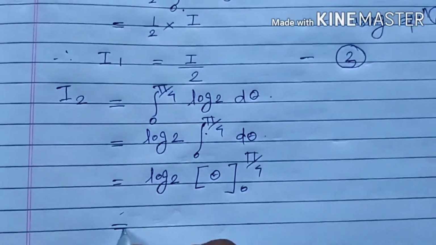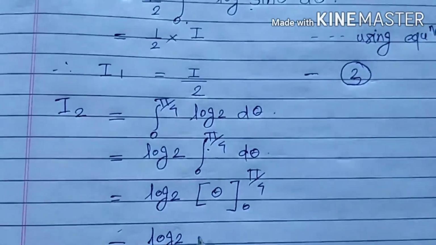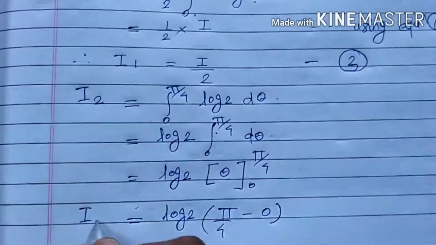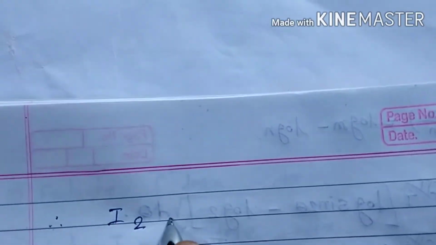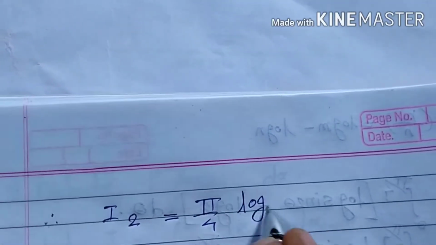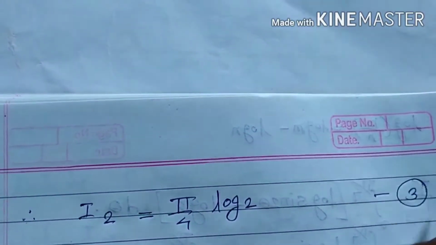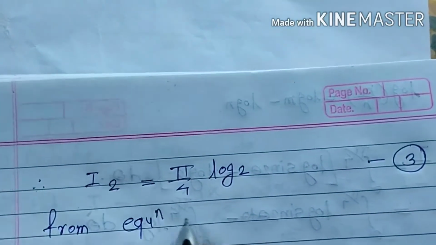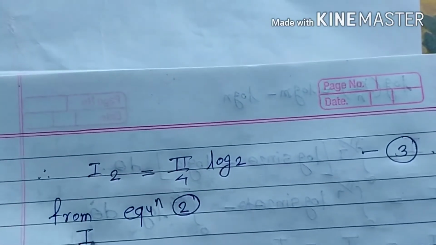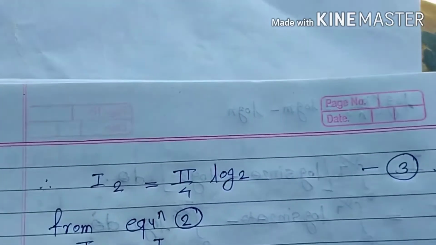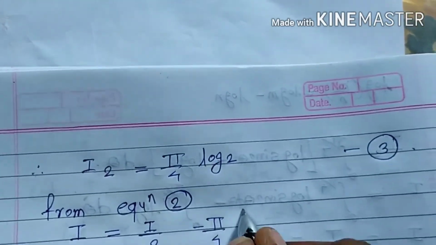Now put the upper limit: log 2 times pi by 4 minus 0. Therefore I2 is equal to pi by 4 into log 2. Give it equation 4. So from equation 2, I is equal to I upon 2 minus pi by 4 log 2.